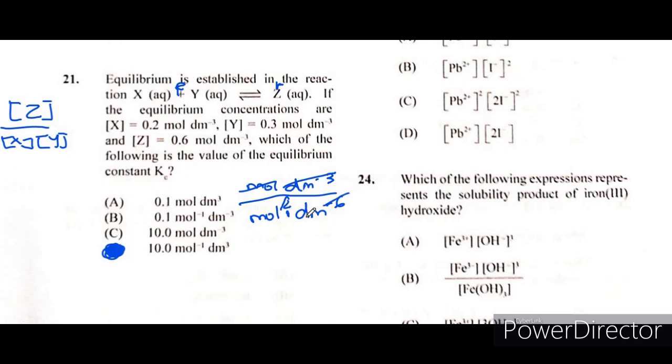So because we'd end up with 1 over mole per dm to the -3, when you flip that, or find the inverse, it would be dm cube per mole, whichever one you're more comfortable with saying. 21 is D.